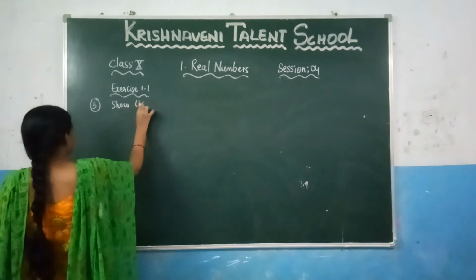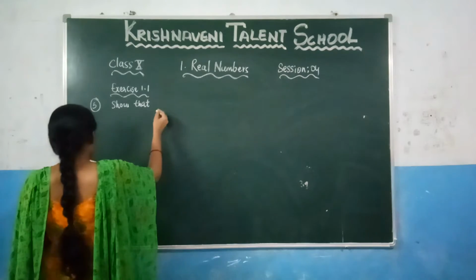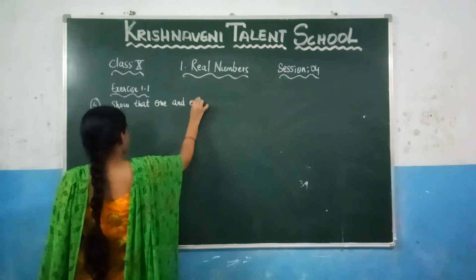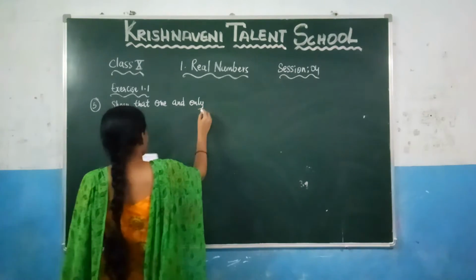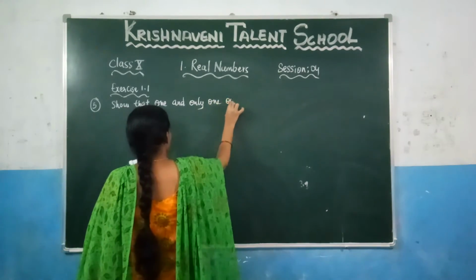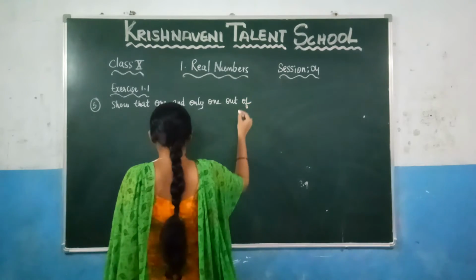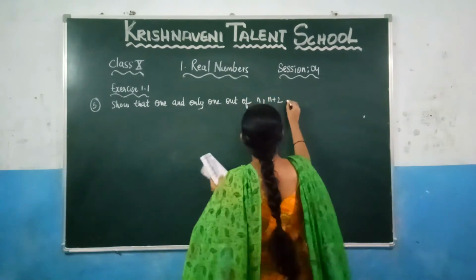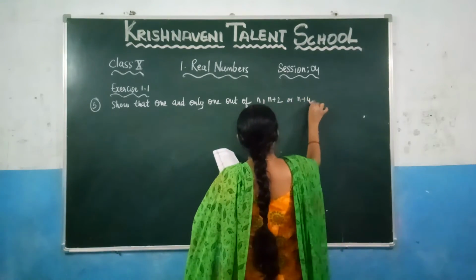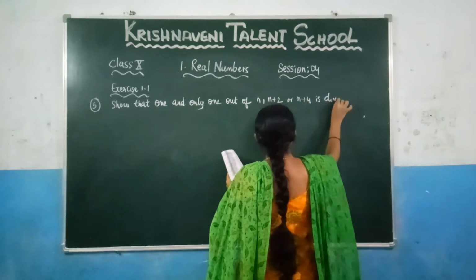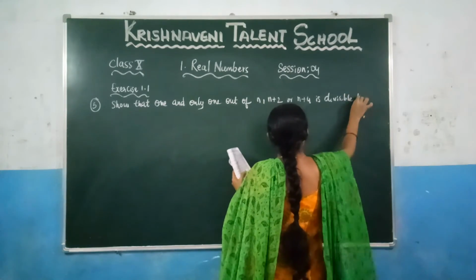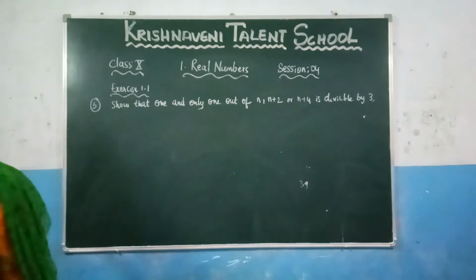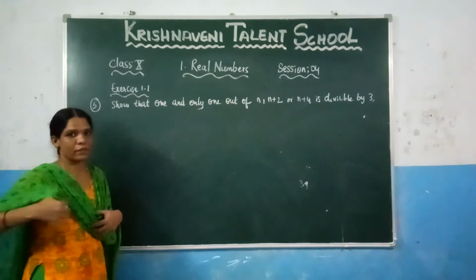Show that 1 and only 1 out of n plus 2 or n plus 4 is divisible by 3, where n is any positive integer. Okay, this is the question they have given here.